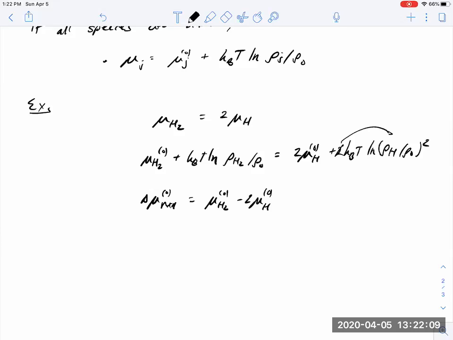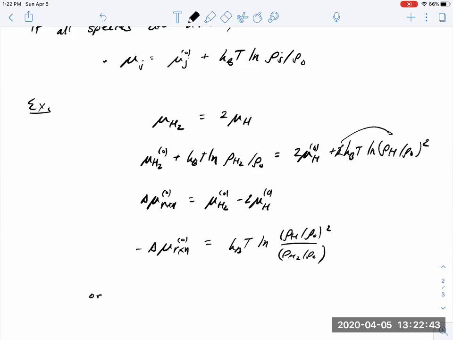we'll be able to rearrange this and solve for the equilibrium constant of this reaction. Specifically, grouping that standard state piece over on the left, minus that is going to be equal to kBT log of rho H over rho naught quantity squared over rho H2 over rho naught.